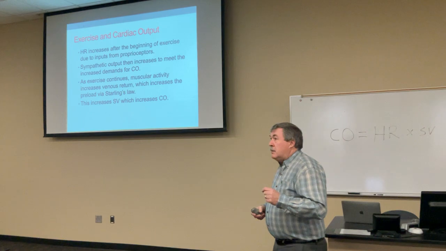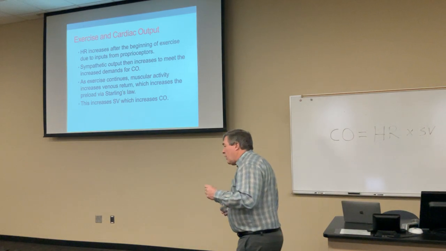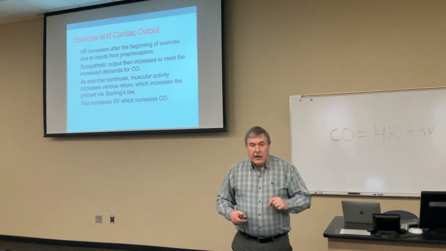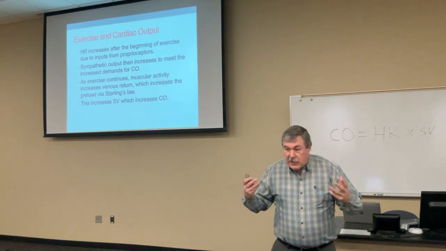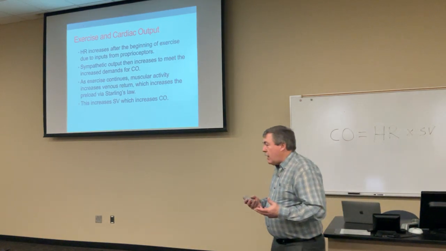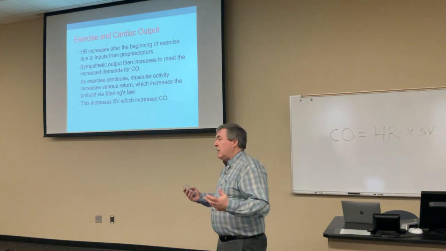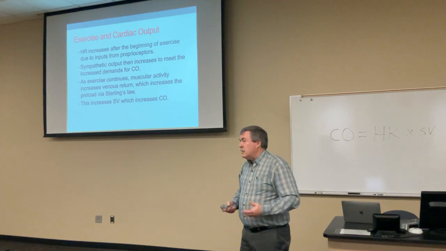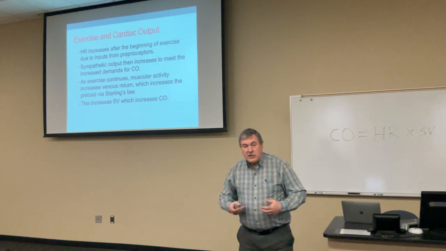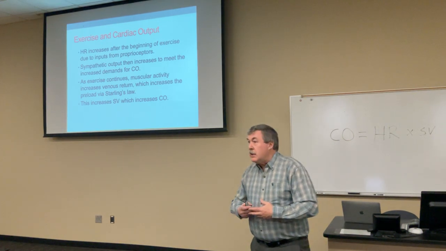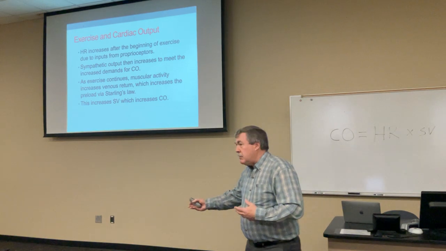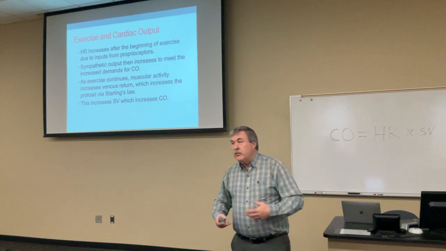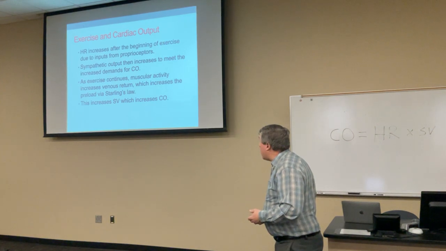But those signals from the proprioceptors also travel to the cardiac center, and that tells the cardiac center that you're moving. And if you're moving, you're probably going to need more oxygen. And so that stimulates an increase in sympathetic stimulation of the heart and blood vessels, both of which will increase cardiac output.